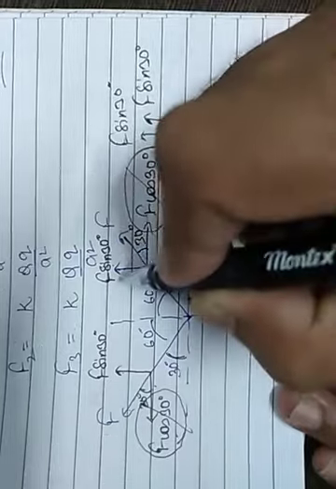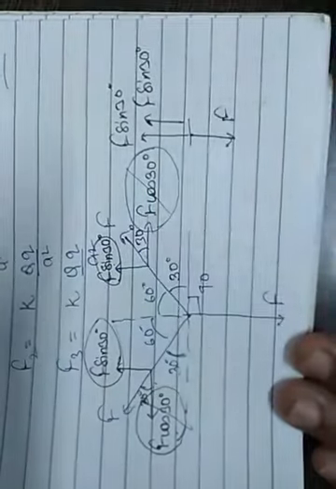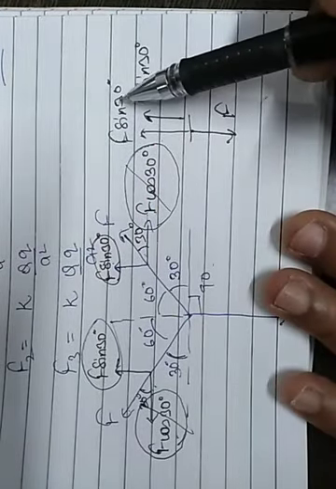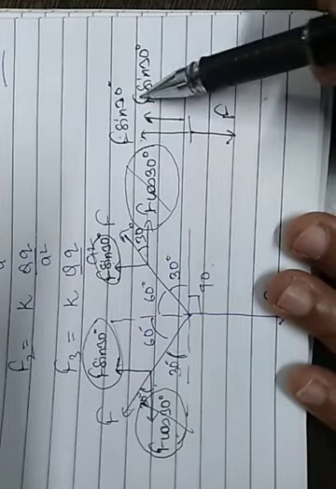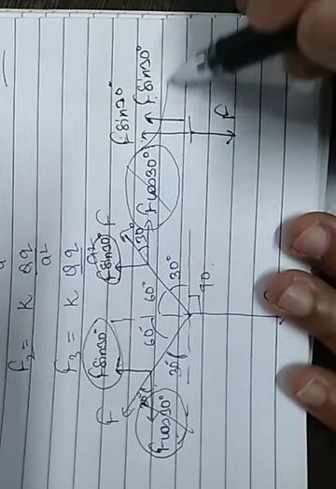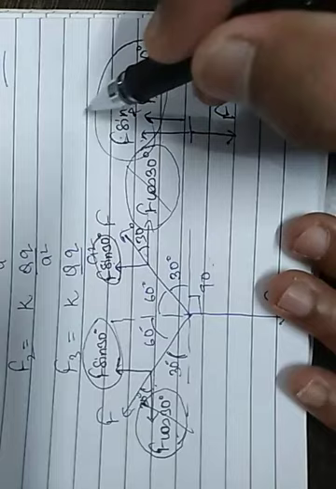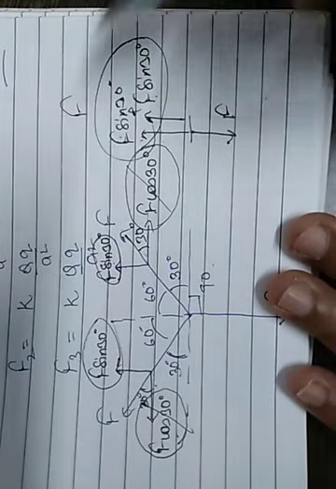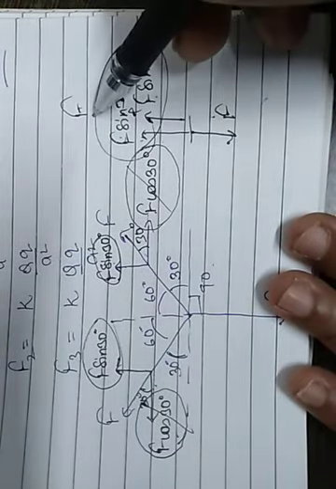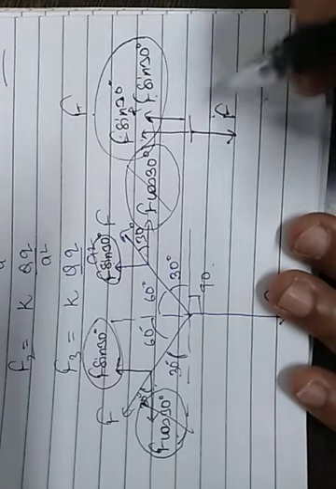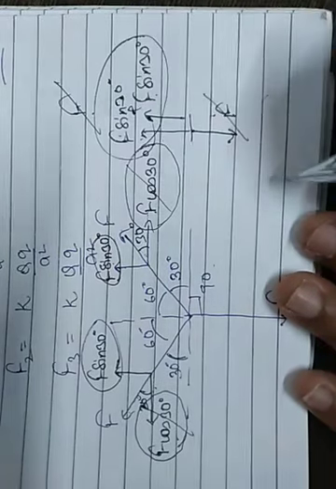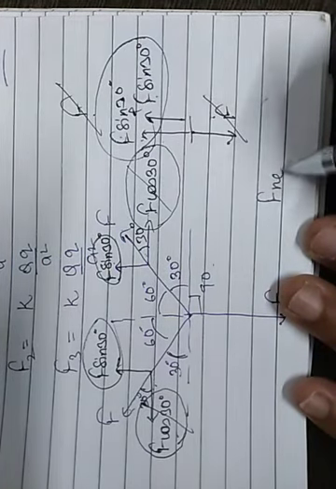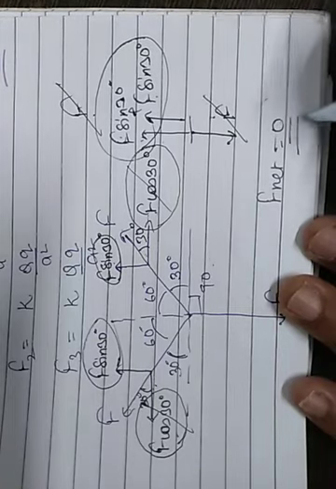Two forces, this one and this one. Sin 30 is 1 by 2, so F by 2 plus F by 2, and if we add them, this will also be equal to F. Now the two forces are equal in magnitude but opposite in direction, so they will also cancel each other. So net force is 0.